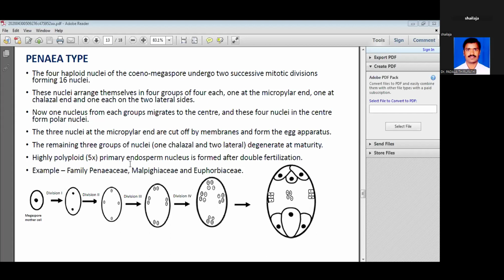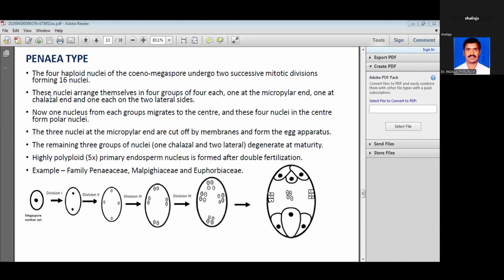The remaining 3 groups of nuclei, one chalazal and 2 lateral, degenerate at maturity. Okay, at maturity these are degenerated. A highly polyploid 5x primary endosperm nucleus is formed after the double fertilization.